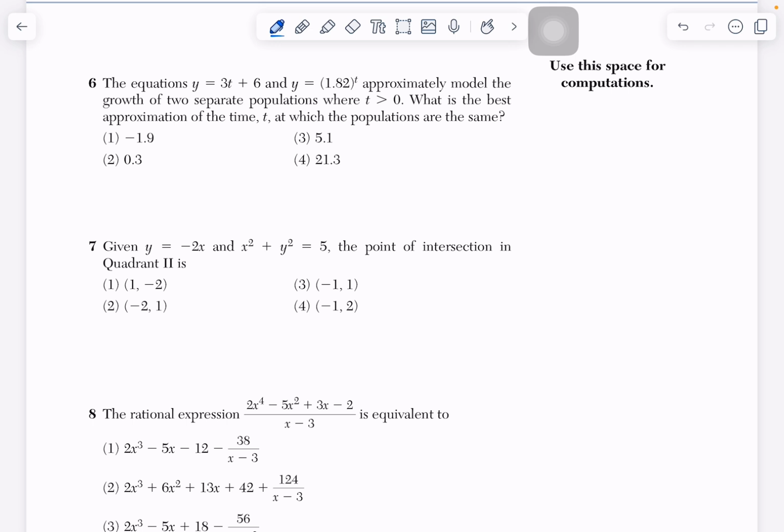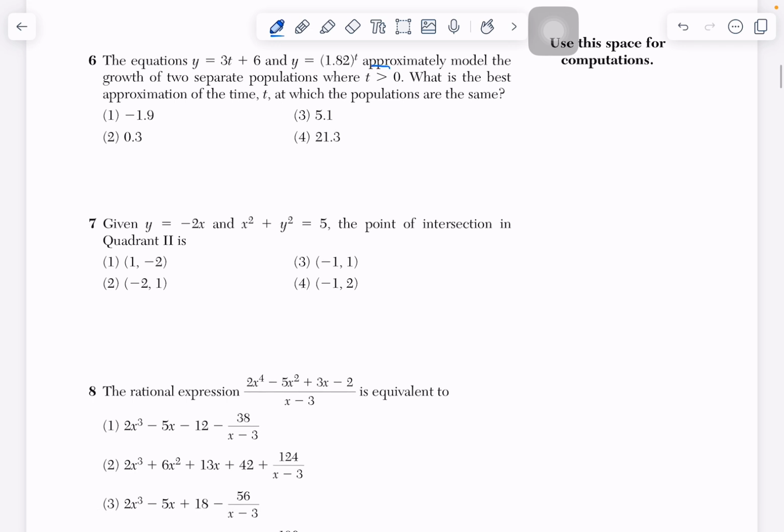These approximate the model of the growth of 2 separate populations where t is greater than 0. That means it has to be a positive number. What is the best approximation of time t? Right away, 1 can't be an answer because it's negative. So if you're going to guess, you just improved your odds by 25%.